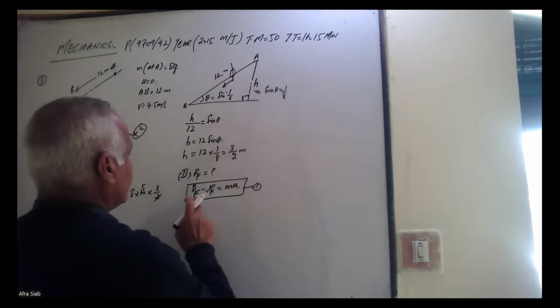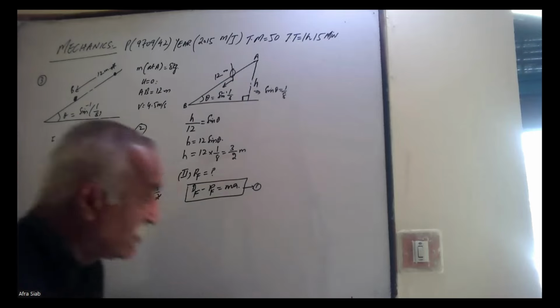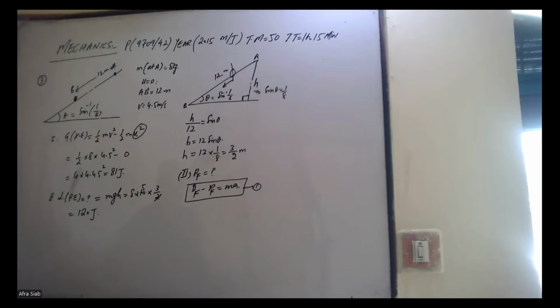So mg sine theta is the driving force of that particle there, minus the resistive force we are going to calculate for that portion there, is equal to m is known to us, that is 8 kg, and acceleration a is unknown. So it means first we are going to calculate the value of a of this portion.